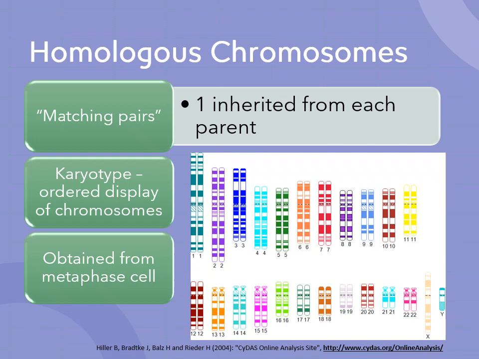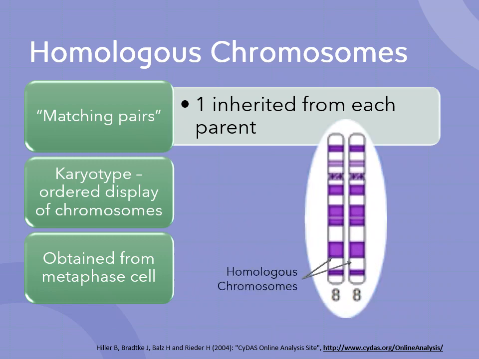Now, we would typically use a mitotic metaphase cell for this because the chromosomes will be as condensed as possible at metaphase, and a cell in mitosis will be diploid. So we'll get to see all of the chromosomes instead of just the half that we would get from a cell in meiosis. Let's zoom in to one of these pairs.